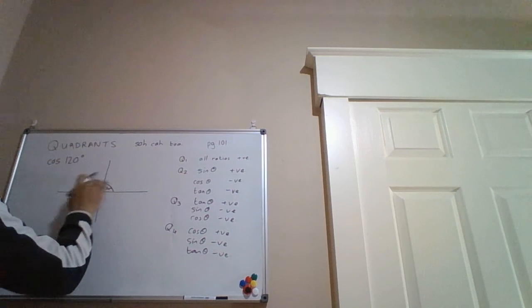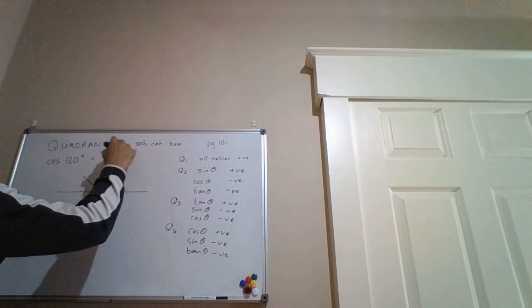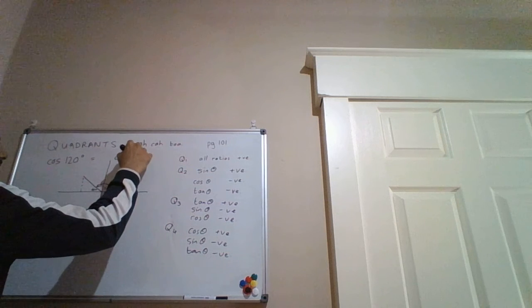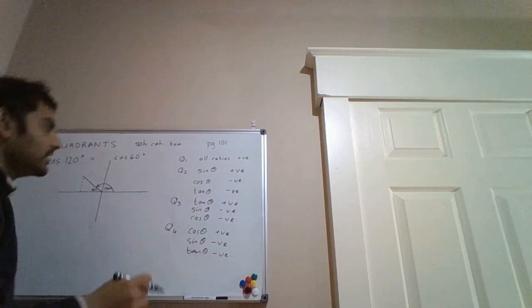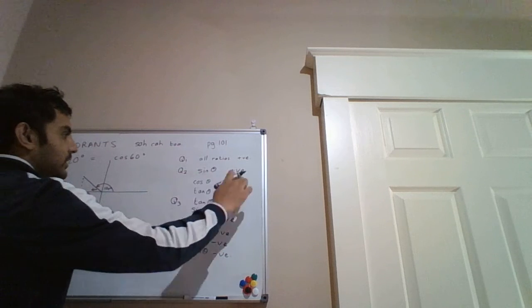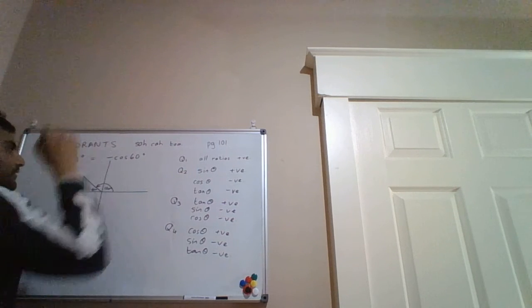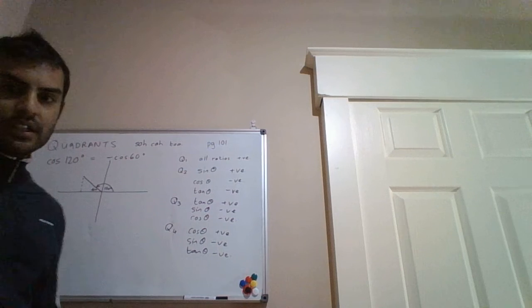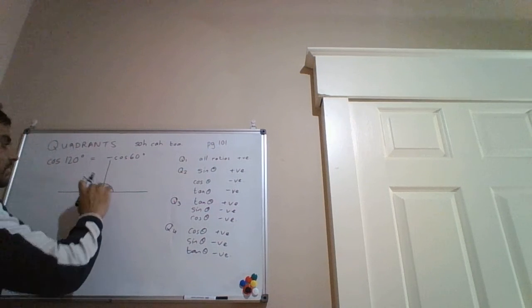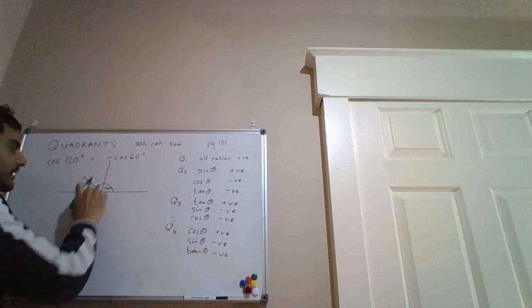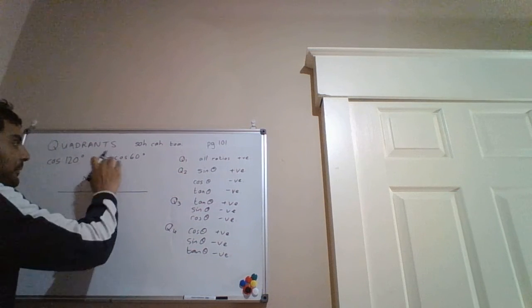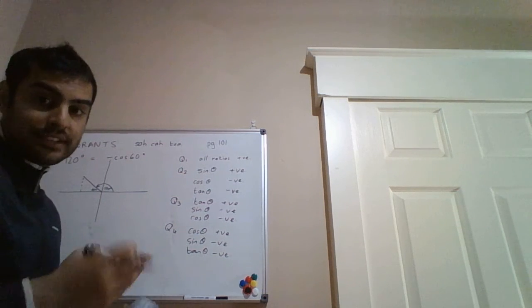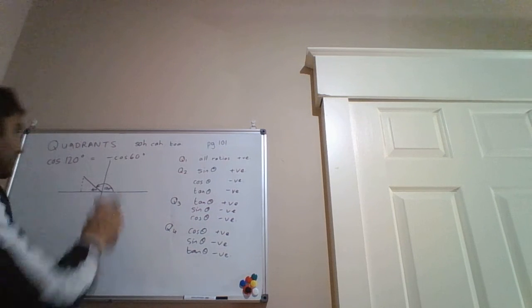So in other words, cos of 120 is going to be the same as cos of 60 degrees, but because we're in the second quadrant, cos is negative. So all we need to do is relate the obtuse angle to some acute angle as our first step, and the second step is to check the sign of our overall ratio.